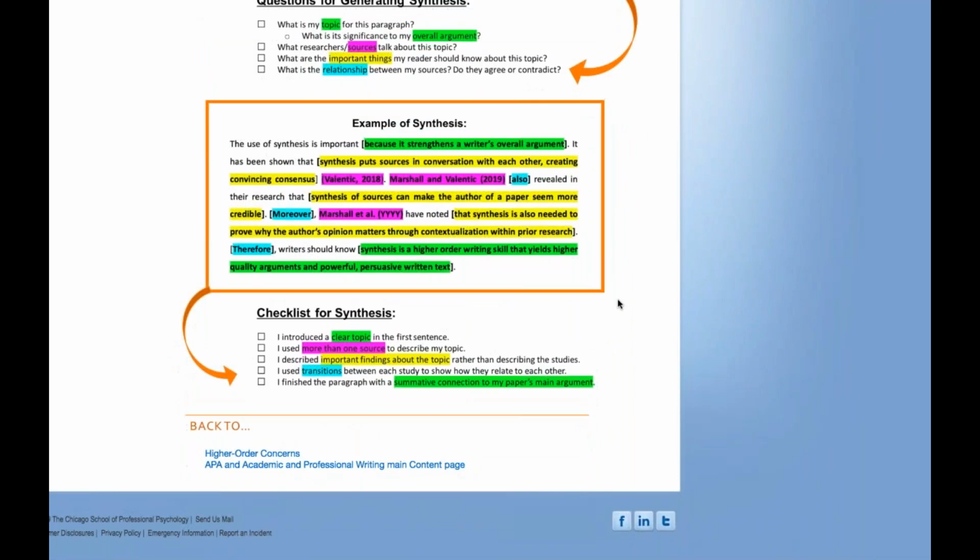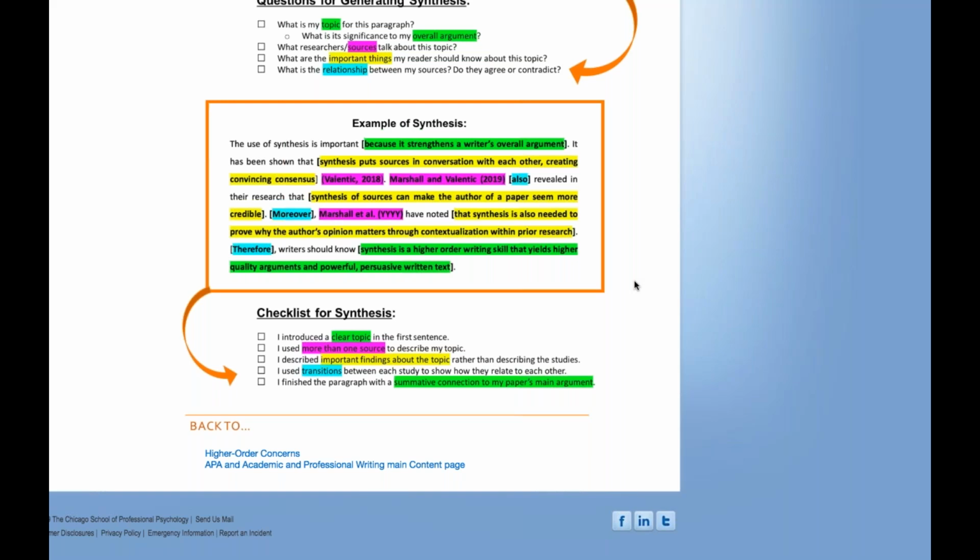Here's an example of a completed synthesis paragraph. The use of synthesis is important because it strengthens a writer's overall argument. It has been shown that synthesis puts sources into conversation with each other, creating convincing consensus. Citation. Marshall and Valentic also revealed in their research that synthesis of sources can make the author of a paper seem more credible.